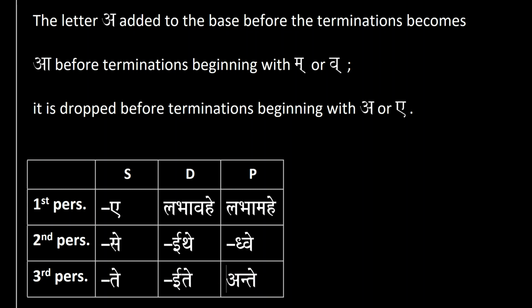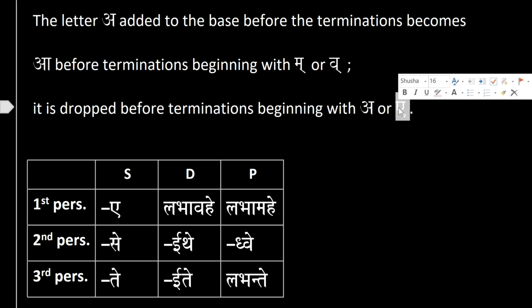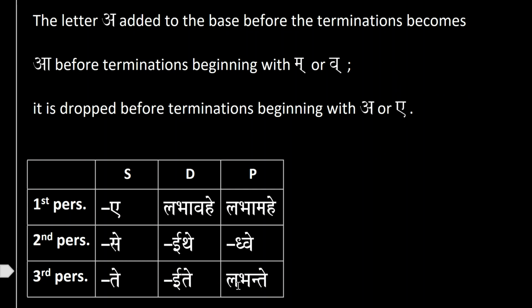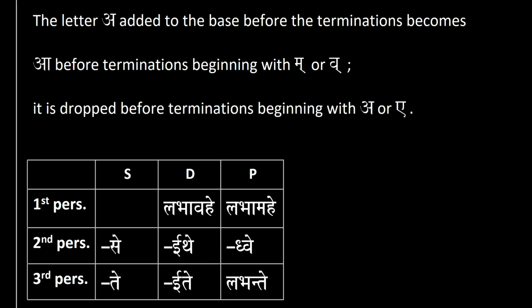So if the a is dropped, then it's going to be labhante. That's a termination that began with a. And now something that began with e, the only termination that begins with e here that we didn't touch yet is first person singular. So labhe.